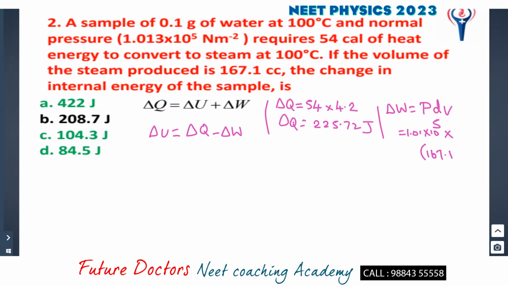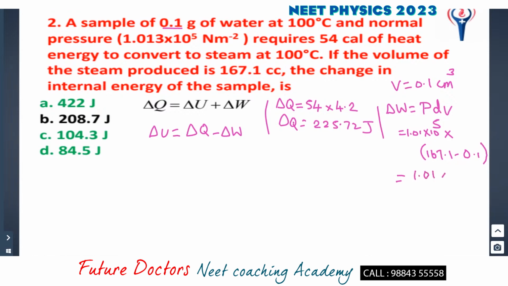Volume is not given, only 0.1 gram is given. For water, suppose mass is 0.1 gram, then its volume is 0.1 cc. Directly you can write, V equal to 0.1 cm³. Then minus 0.1 gives 167.